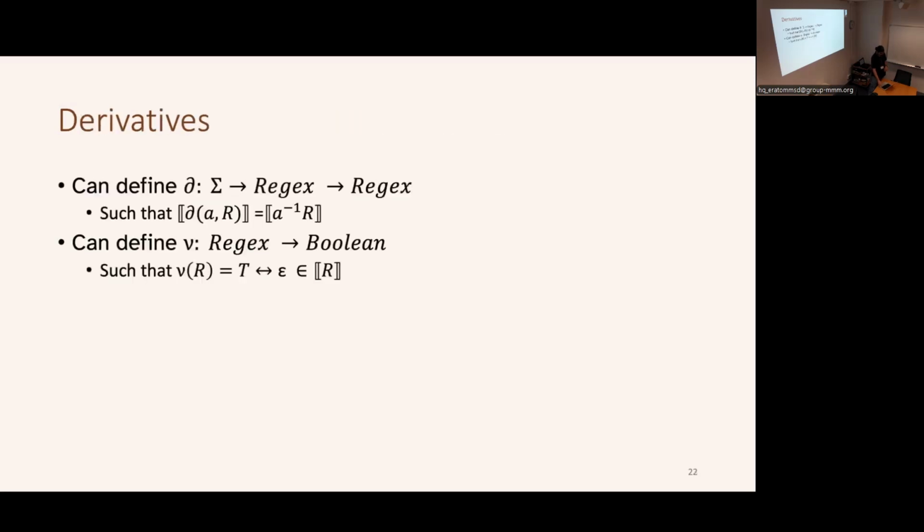And so if we do this, by what we saw in the previous slide, we can repeatedly apply del a few times, and then we can use nu to check if there is the empty string, and this will give us a way to check if something is in the language of the regular expression.